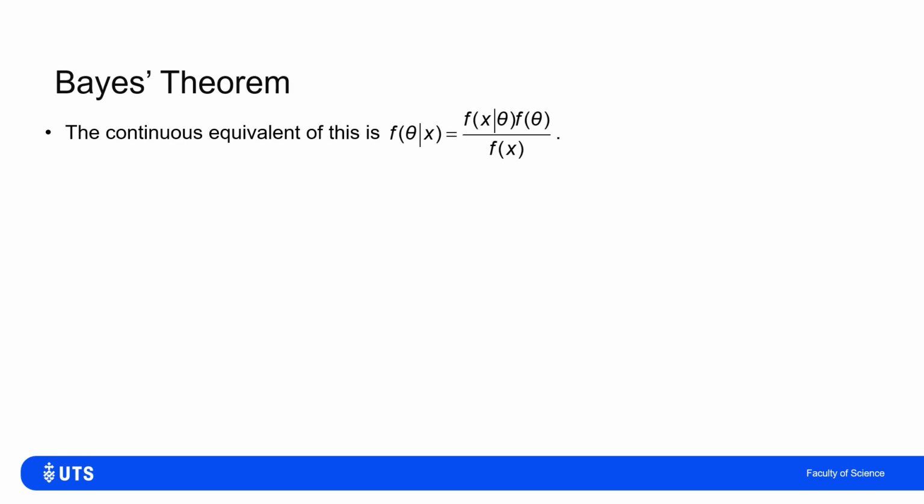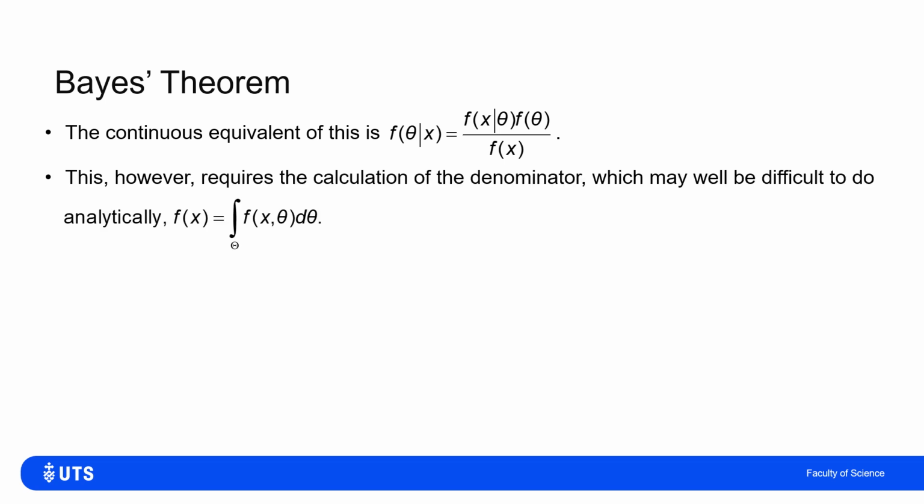Well, if I do the continuous equivalent of this, then if I want to work this out, the hard part is the calculation of the denominator, where I have some uncertainty about the variables, potentially with some uncertainty about the parameters, theta. So I'd have to integrate out over that uncertainty, or in the discrete case, sum over those.